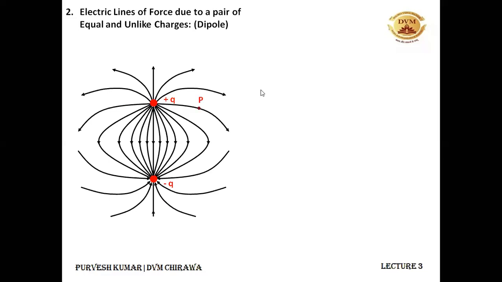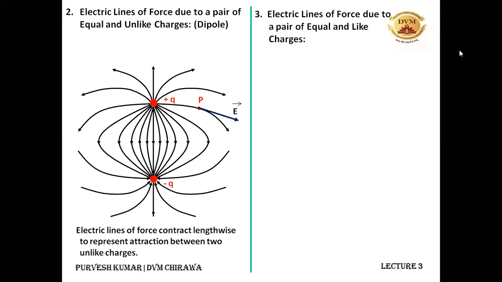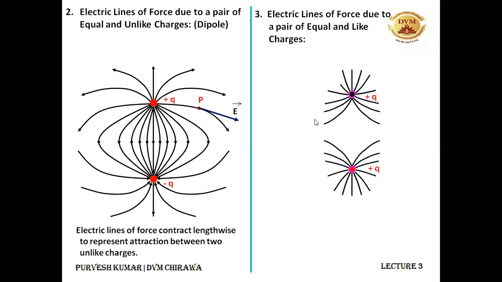Now we need to draw the electric field lines for different charge configurations. If we have two equal and like charges, say both positive, then what will happen? We have taken one positive charge over here and another positive charge over here. They both have the same sign, so the electric field lines will look like this.